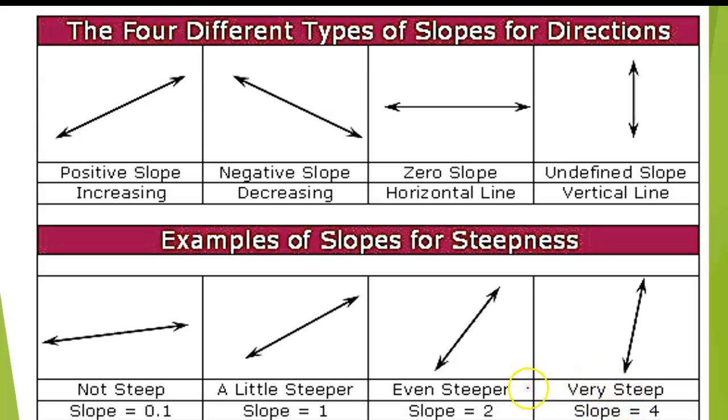But the steeper the slope, the harder it is to climb, like a hill. This one is not very steep, it's closer to 0, a little steeper here, and even steeper going up and up, and then very steep, very close to being straight. When it's straight up, the slope is undefined.